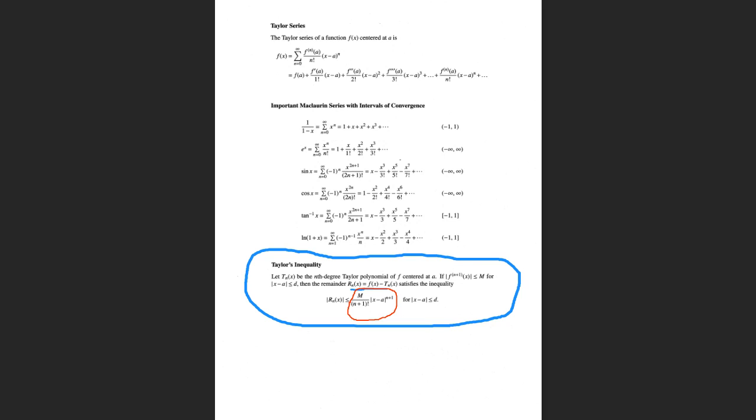The M is the part that's the hardest for students to find, but all you need to do is say, okay, M has to be greater than or equal to the absolute value of the (n plus 1)th derivative of x.